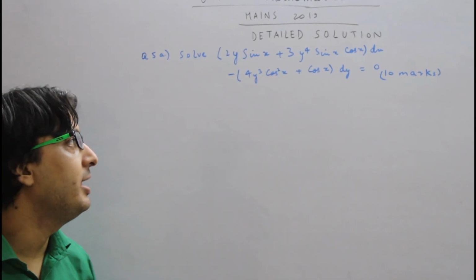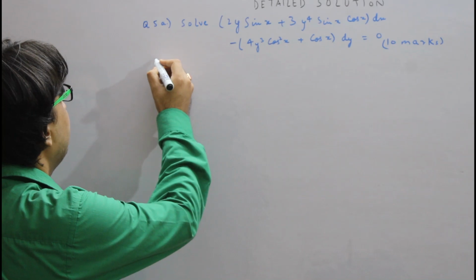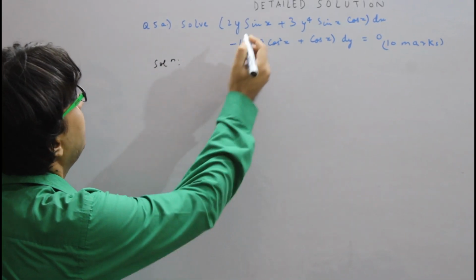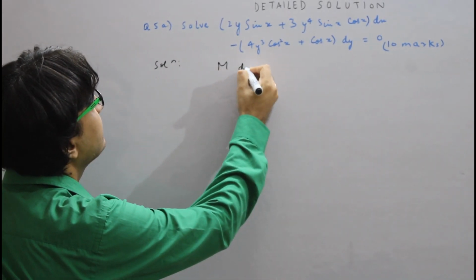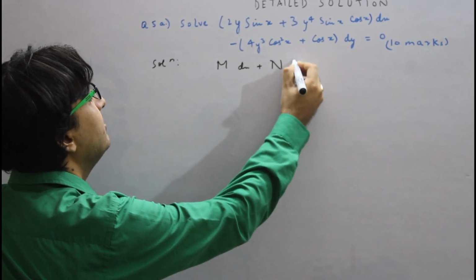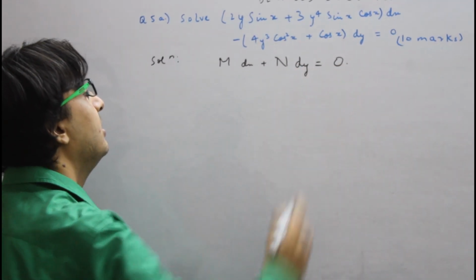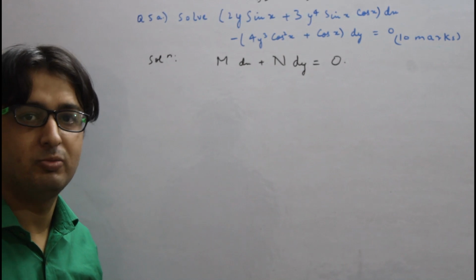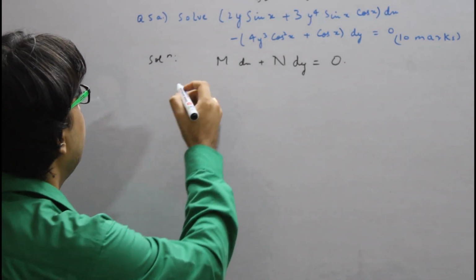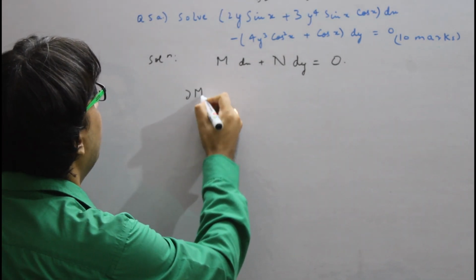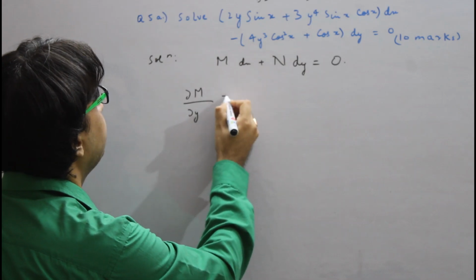If we compare with M dx + N dy = 0, first and foremost we write ∂M/∂y.